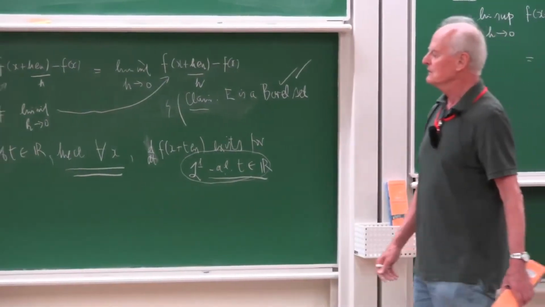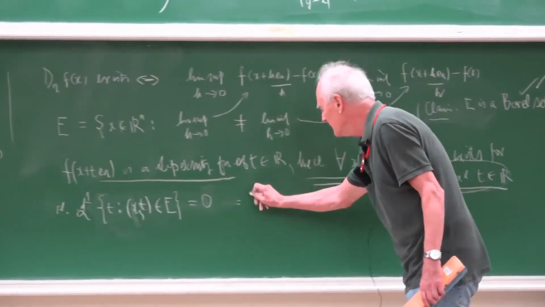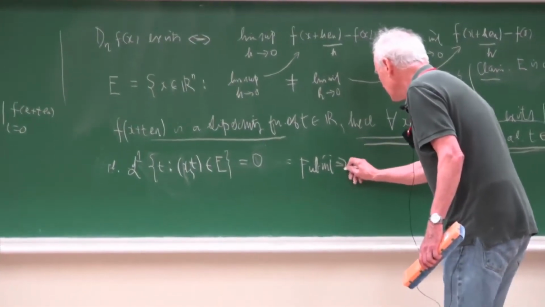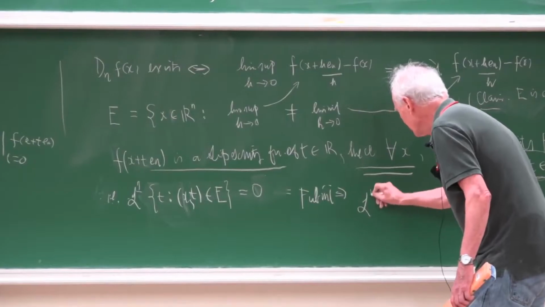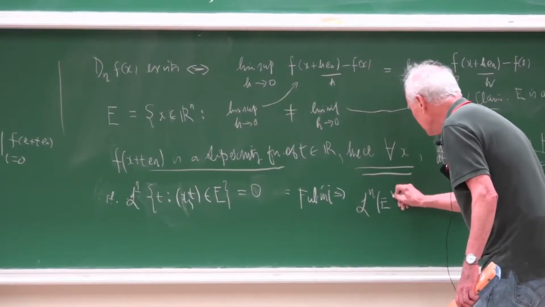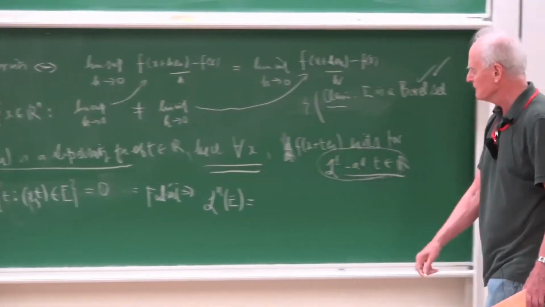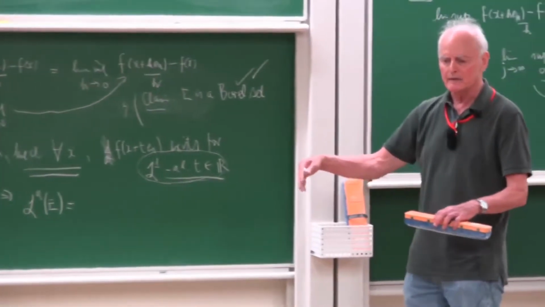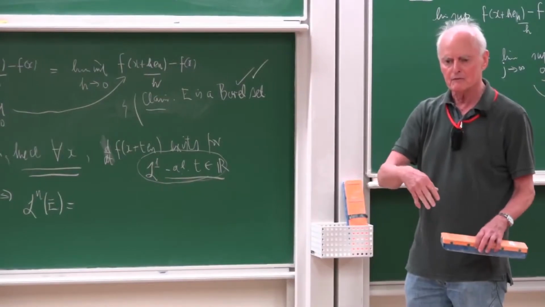Now Fubini says exactly, what does it say about the Ln measure of a measurable set E? It says that you can get the Ln measure of a measurable set E by slicing it in the nth direction and then integrating that over the remaining variables.